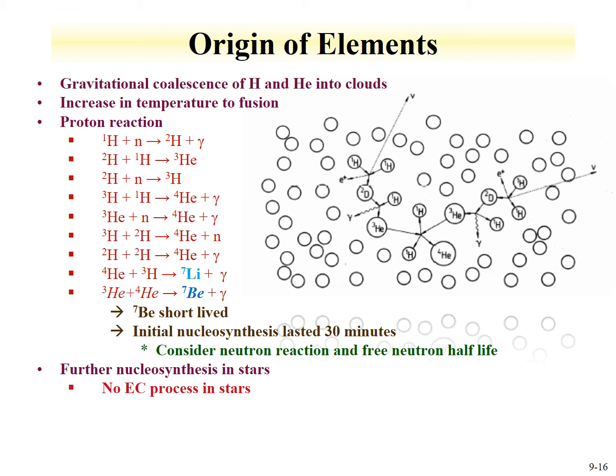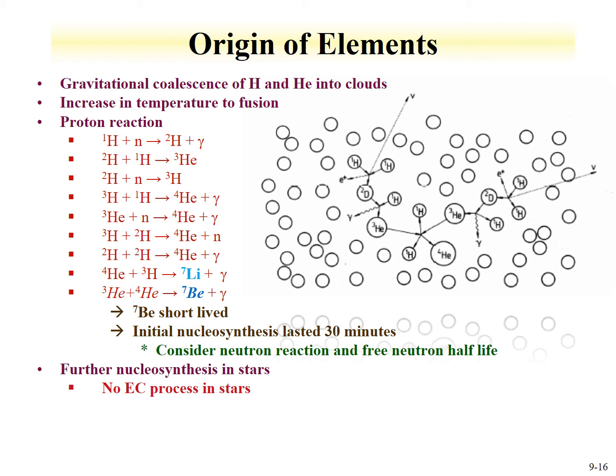So we can think about the origin of the elements from after the Big Bang: gravitational coalescence of hydrogen and helium into clouds. Once these clouds got dense enough, temperatures can increase to fusion temperatures. And there's a list of reactions that are given here. So protons plus neutrons going to deuterium, helium-3, etc. Peaking at helium-4 reactions, where we get a lot of energy from fusion.